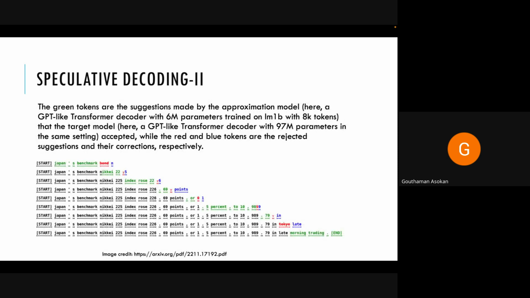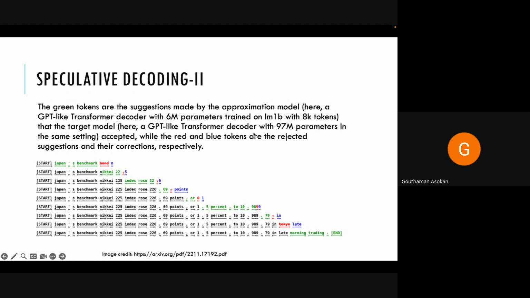An example here: this is LLM text generation that is happening. The green colors are the text predictions given by the smaller model. Here we see a GPT-like transformer decoder with 6 million parameters. That is the assistant model.